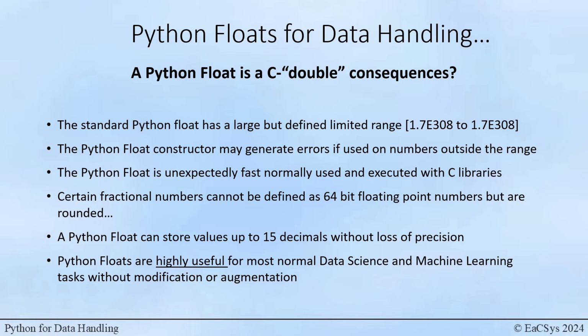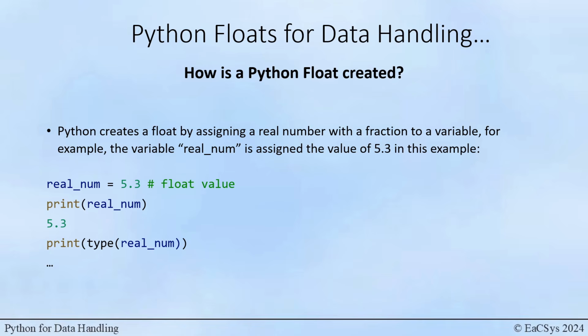Now we'll talk some about how Python floats are created. So how is a Python float created? Python creates a float by assigning a decimal value to a variable, for example, the variable real num in this example on your screen.